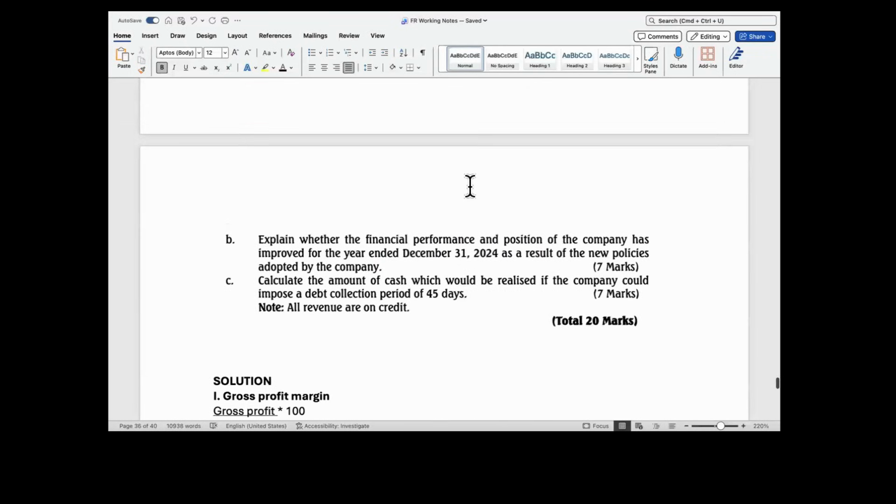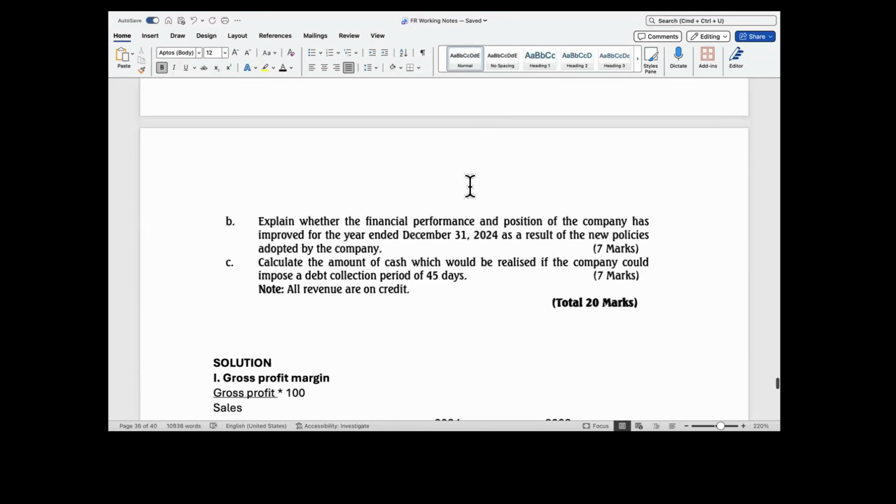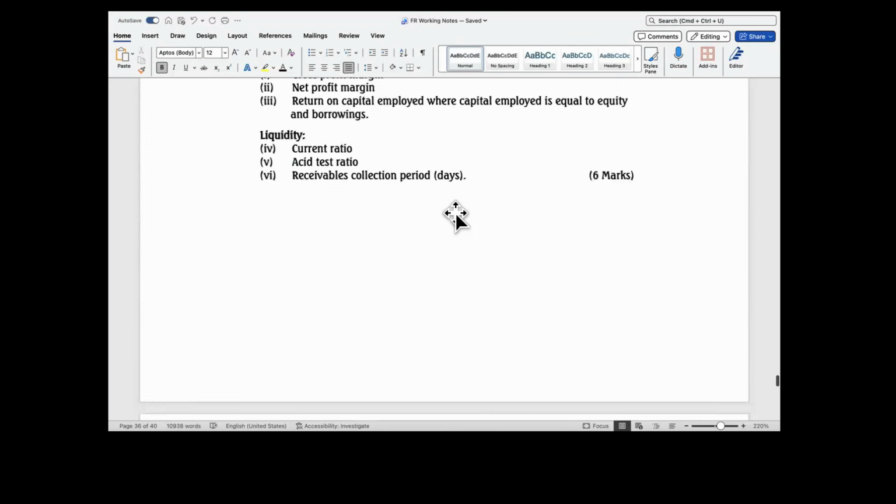Again, the question wants me to explain the performance and position vis-a-vis the new policies adopted by the company. Now, what's the new policy?